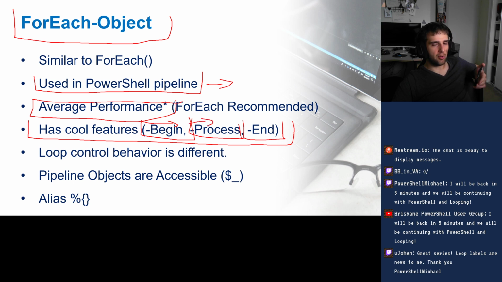You'd have your process block, which is for each item within your collection or your array that would get processed. And then you have your end block, which is basically your disposal. So you'd be disposing your objects, or you want to pass collections, things like that. You just want to do a bit of a tidy up. So it encompasses all that code, making it a little bit easier to understand if you choose to use it within scripting.